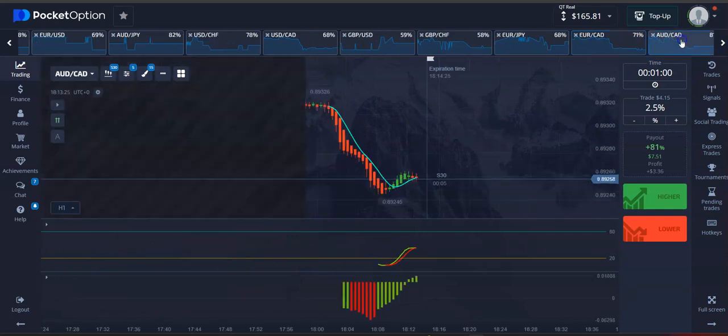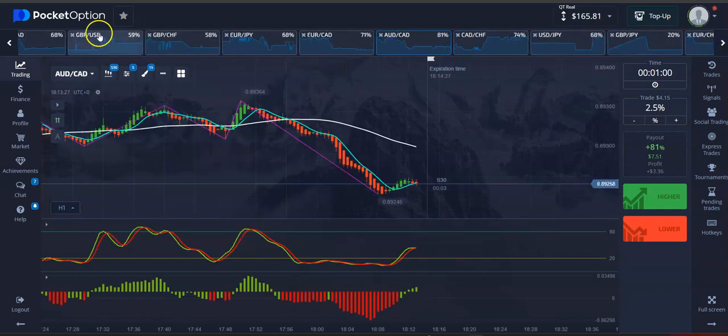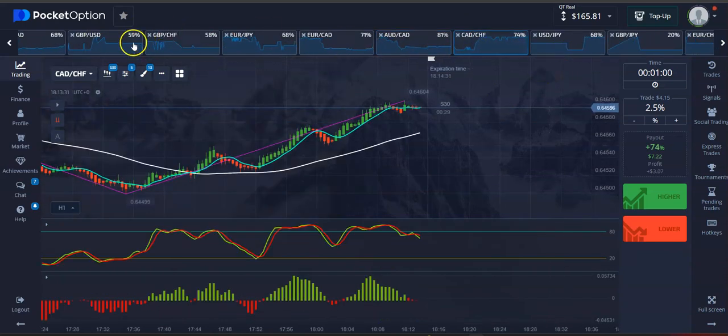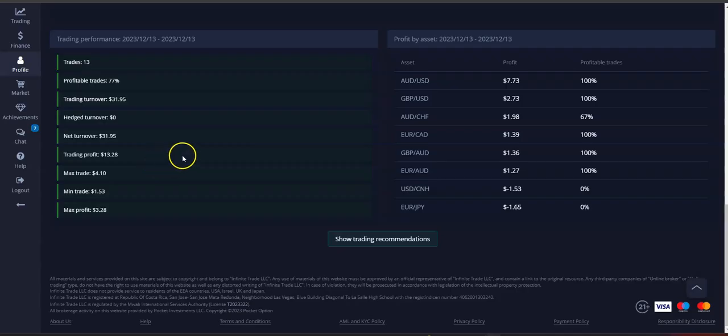Oh, let me just quickly show you my trading session of the day, so you can see how it was with this strategy, trading with the real market. Okay, today's session we have placed 13 trades. The win rate is 77% and the trading profit 1328.